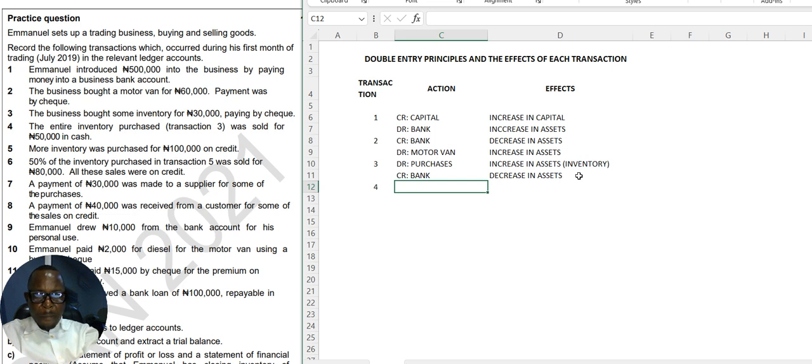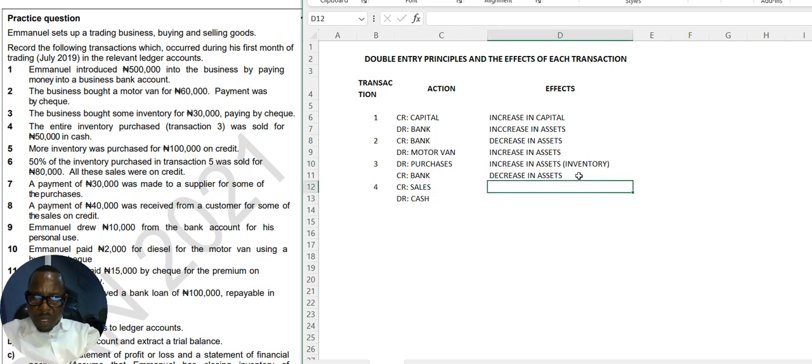You credit sales and debit cash. And if that's the case, what is the effect?